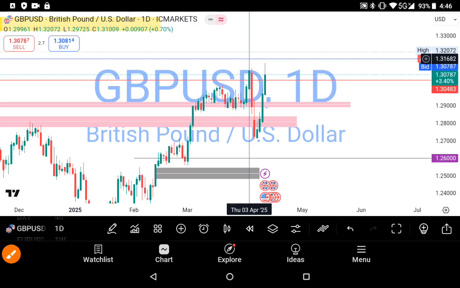as long as that eye remains untouched, 1.32072, as long as that eye remains open, then I'll be interested in the market price revisiting 1.29 thousand, 1.28 thousand as well.